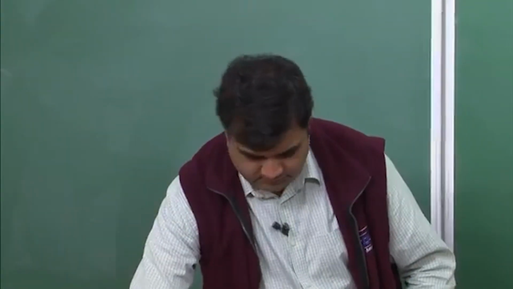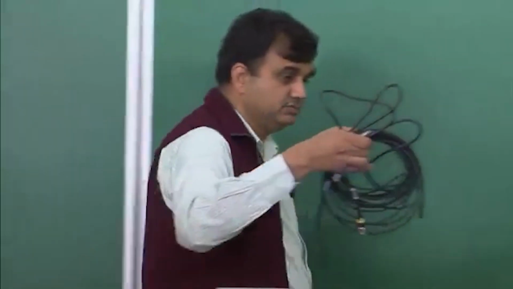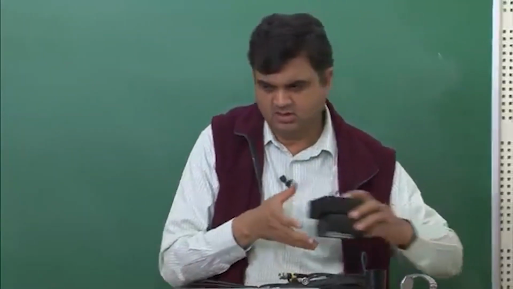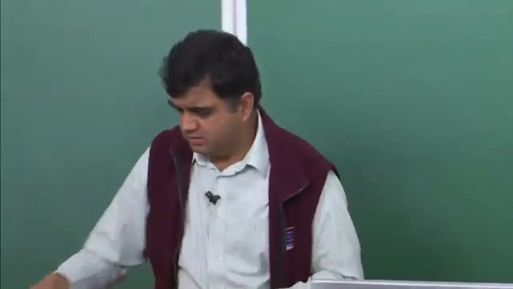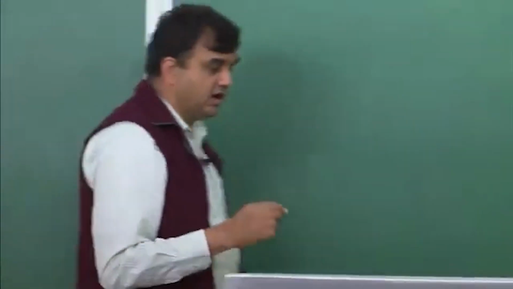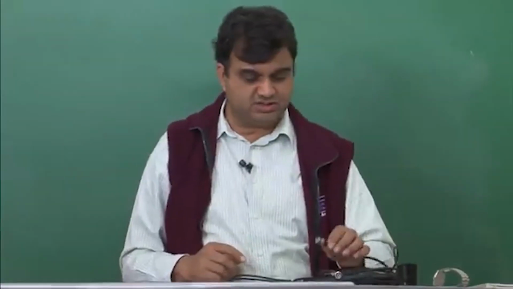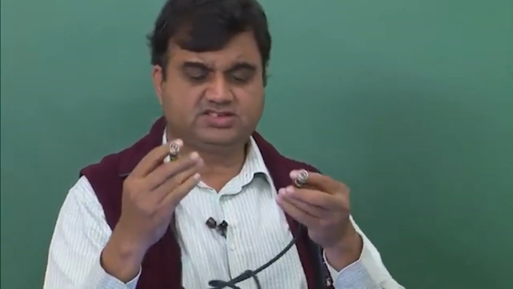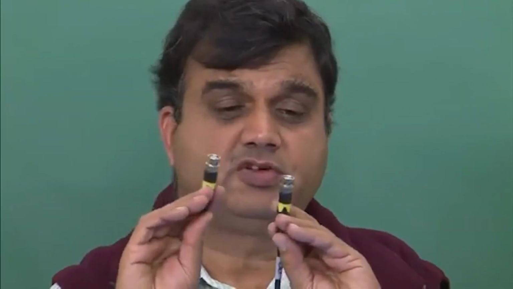The other thing I wanted to show you was that these microphones in general, they are attached to our data acquisition system by two types of cables. There are actually three types, but today we are going to show you only two types. One is this fairly standard cable, and this type of cable is known as BNC cable.